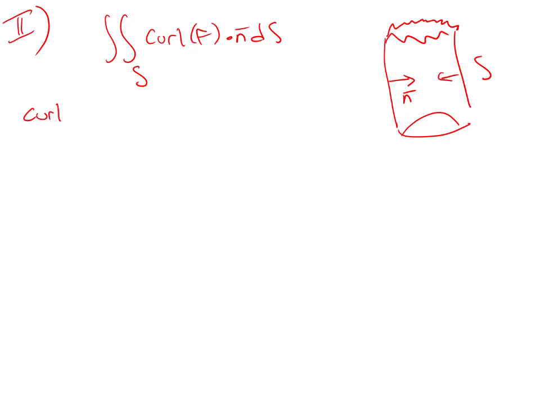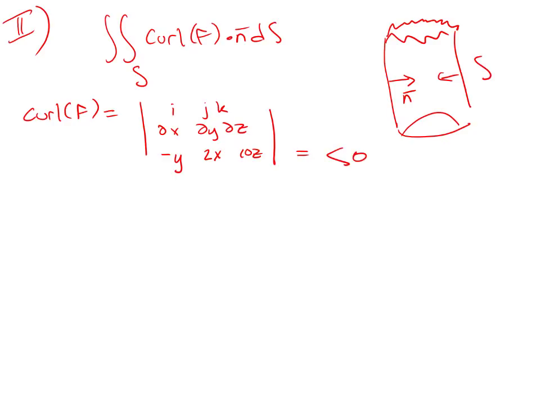So let's compute these things. What's the curl of F? Well, it's a determinant: minus y, 2x, and e to the z. Let's calculate that. The first component is 0. The second component is also 0.